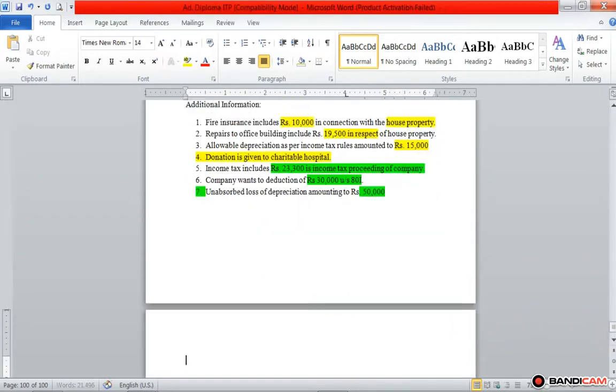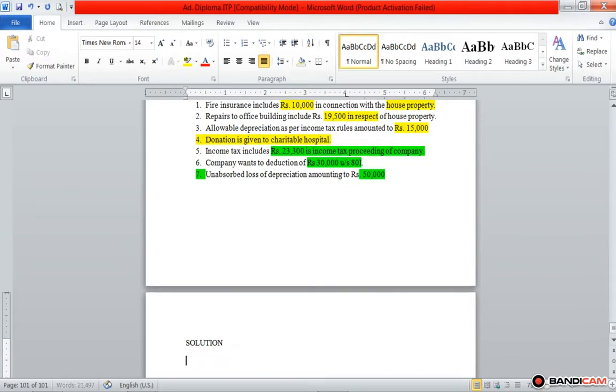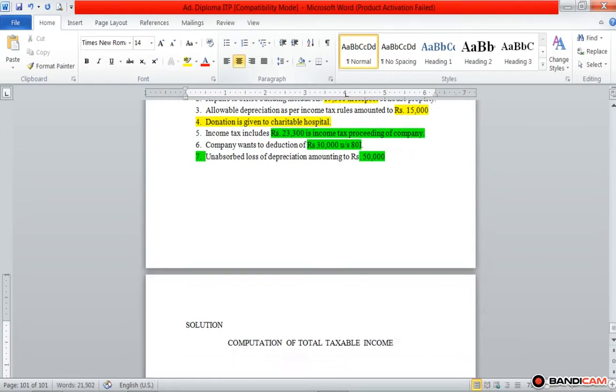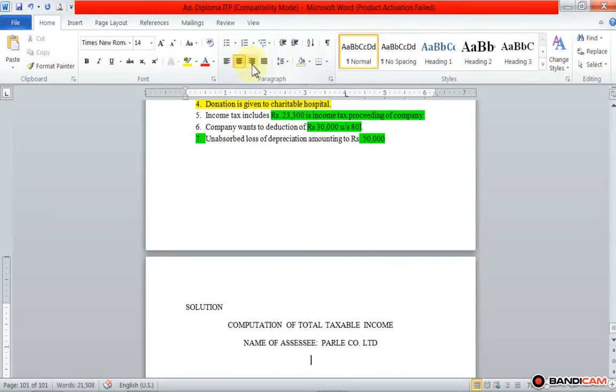Here we prepare the solution: computation of total taxable income. Name of assessee is Parle Company Limited.